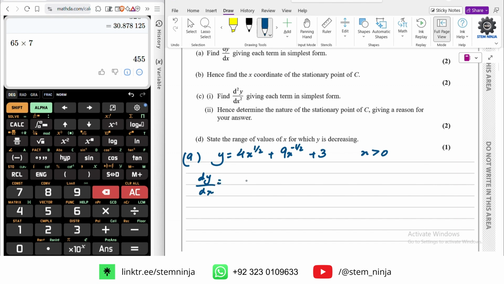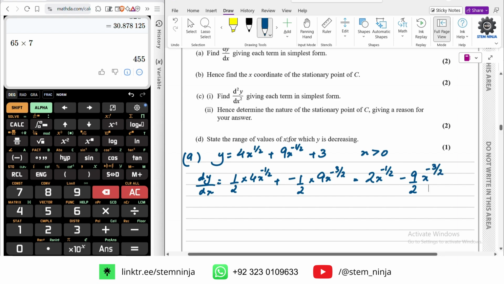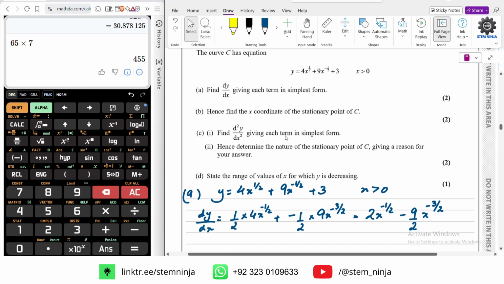So half comes down, so you have times 4x to the minus half. Then you have a minus that comes down, times 9x to the minus 3 by 2, and the derivative of 3 would be 0. So let's simplify this. So 4 divided by 2 is just 2x to the minus 1 over 2 minus 9 over 2x to the minus 3 by 2. So this is your dy by dx giving each term in its simplest form.